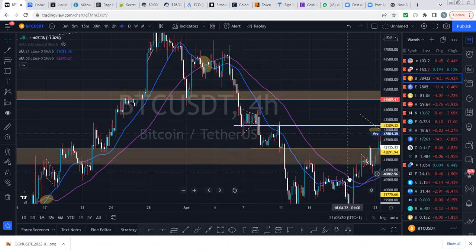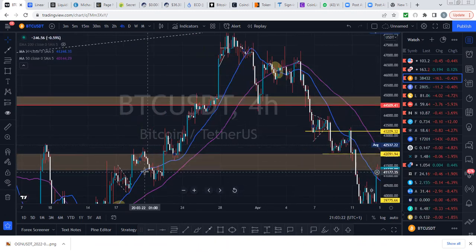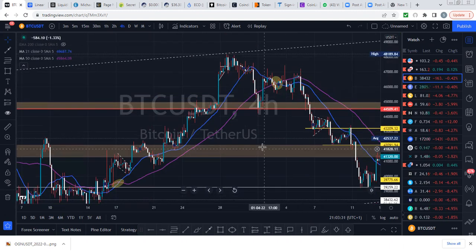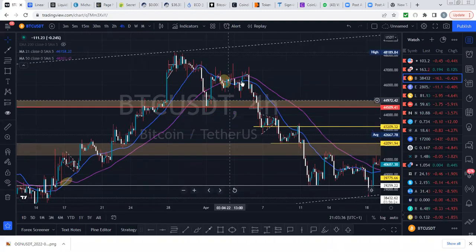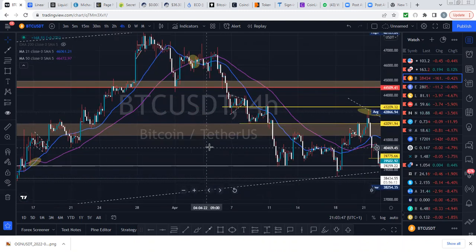The 21 said, I beg, shift for me, let me write my trend. The 50 moving average said, Oga, shift for me, I'm in control of this market. Are you following? Are you getting the analogy? Yeah, we are getting it. All right.